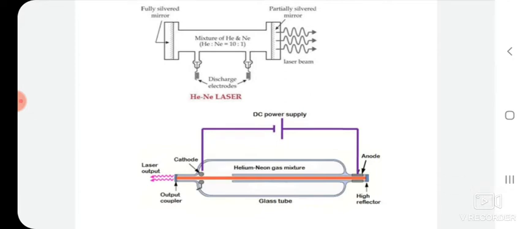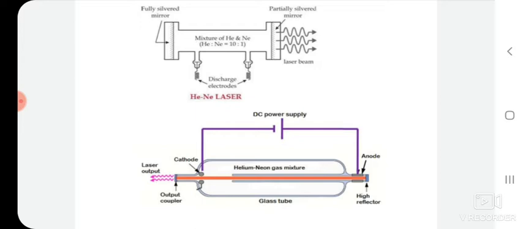So the next part of the construction is the optical resonator. To construct the optical resonator cavity, two parallel mirrors are placed at the ends of the quartz tube, in which one of them is partially transparent while the other is fully reflecting, as shown in this figure.